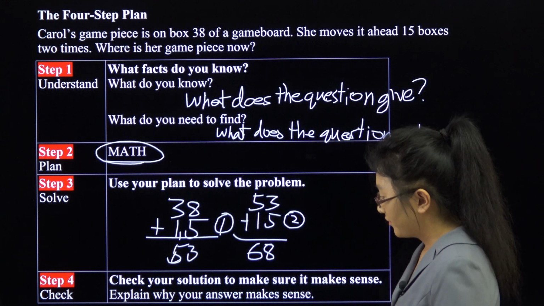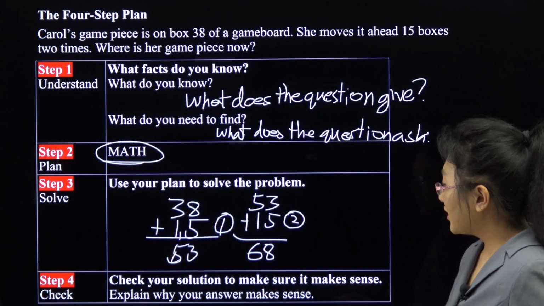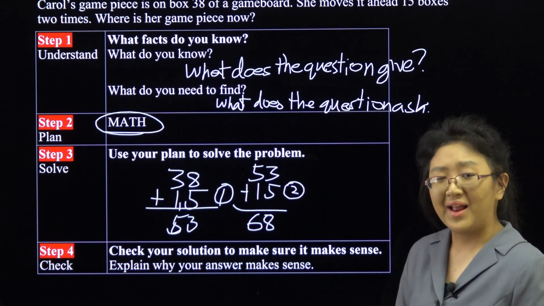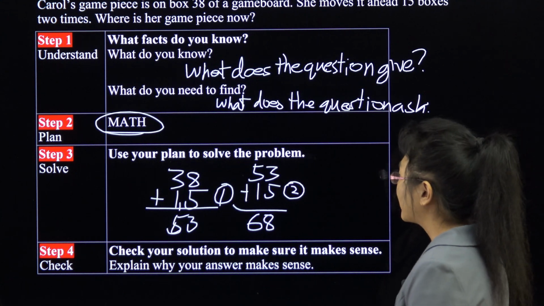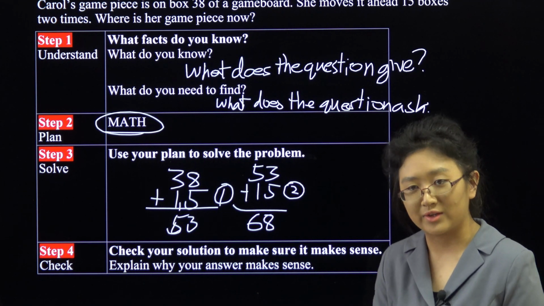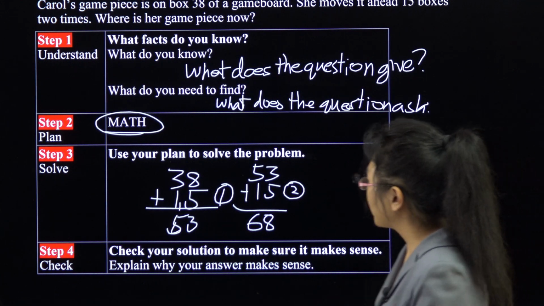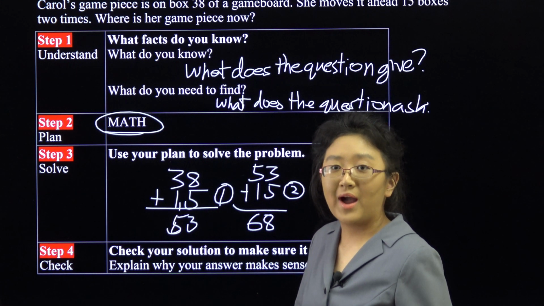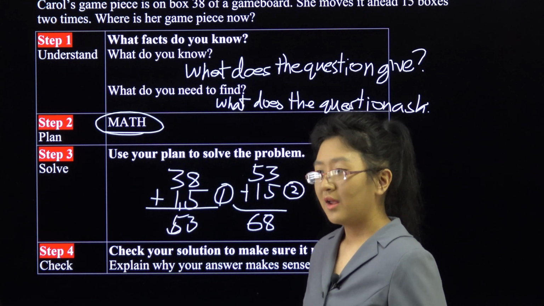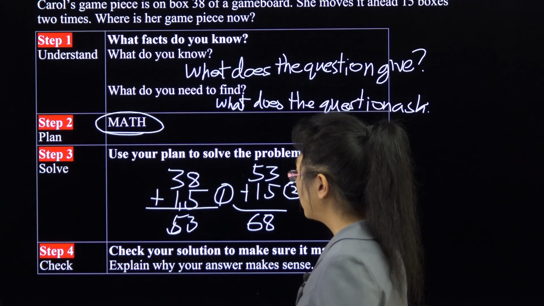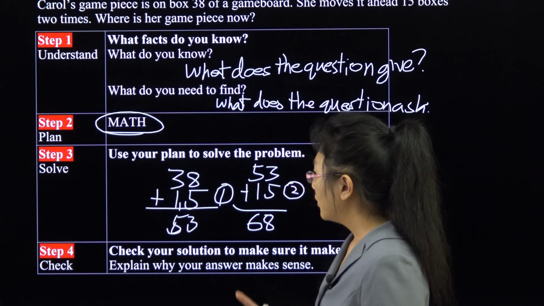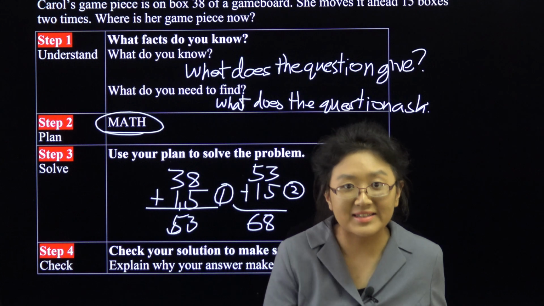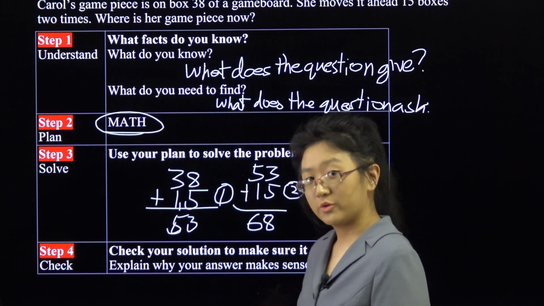Now we check. Sometimes the teacher will ask you to explain why your answer makes sense. Usually in math, that just means talk me through your process and why you did everything in your process. Here you would say something like, since she moves her game piece forward by 15 squares 2 times, then we need to add 2 15s, well, no, not 2 15ths, that's fractions, 2 15s onto her initial position.